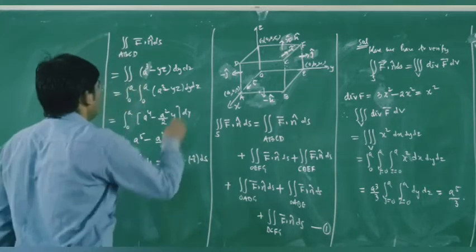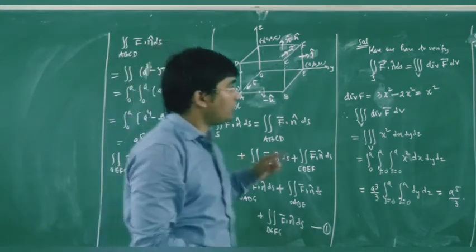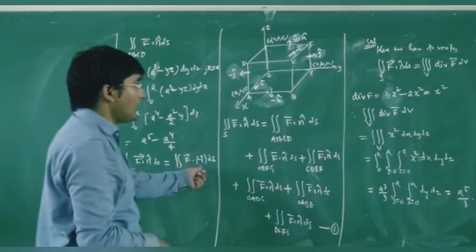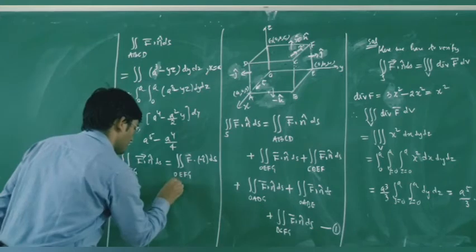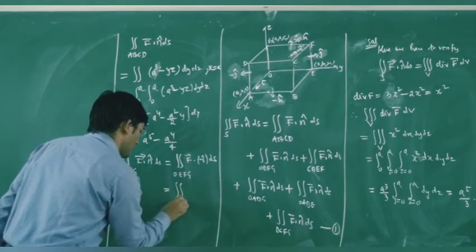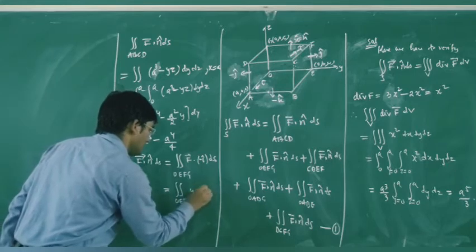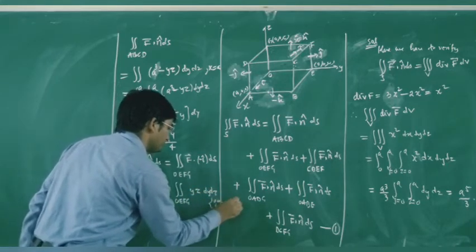Now here we have x equal to a, and here your f dot i will be x cube minus yz. Now this i dot i will give you 1, so we have the integral over OEFG of yz into ds. ds is dy dz because your x is equal to 0.